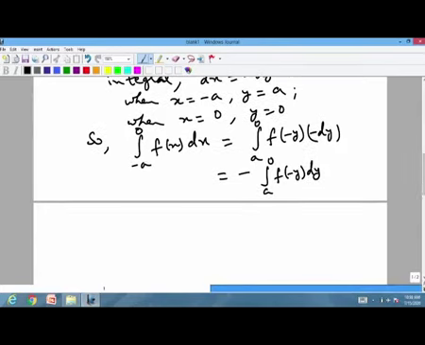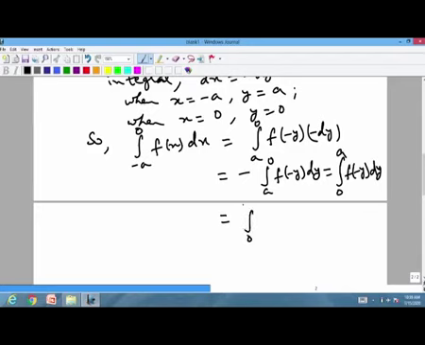This can be written as the integral from 0 to a of f(minus y) dy, which can also be written as the integral from 0 to a of f(minus x) dx.